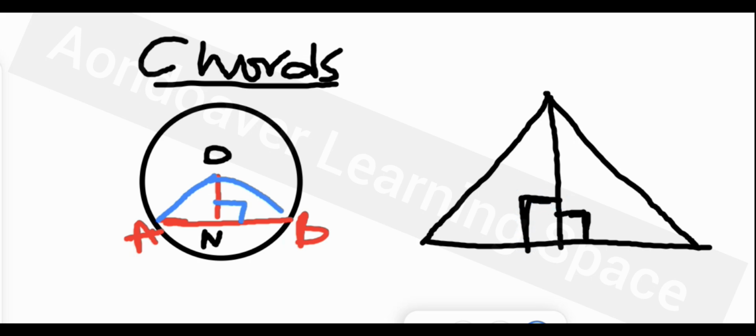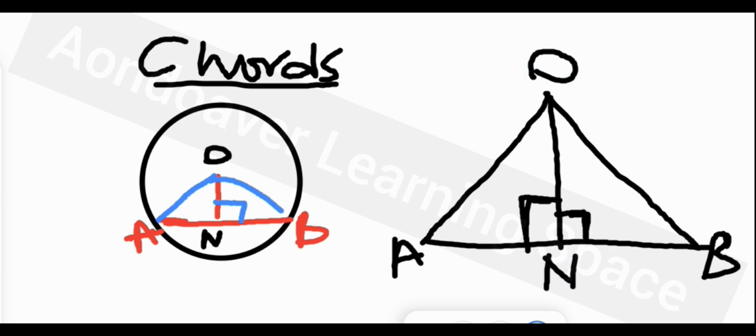So let's draw out the triangle so that we'll understand it a lot better. So this is point A, B and then point O. Good. This is the triangle and point N. So you can see that AON has given us a right angled triangle and BON as well has given us another right angled triangle.